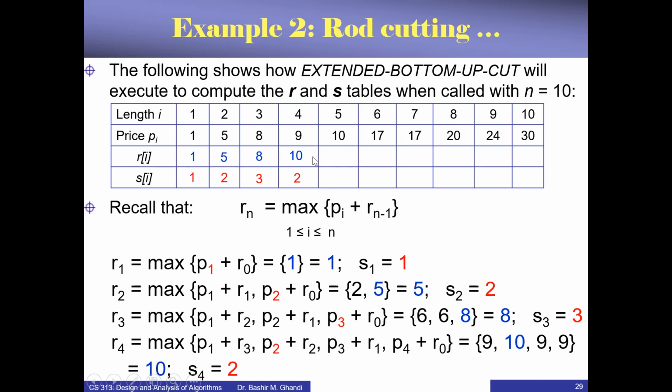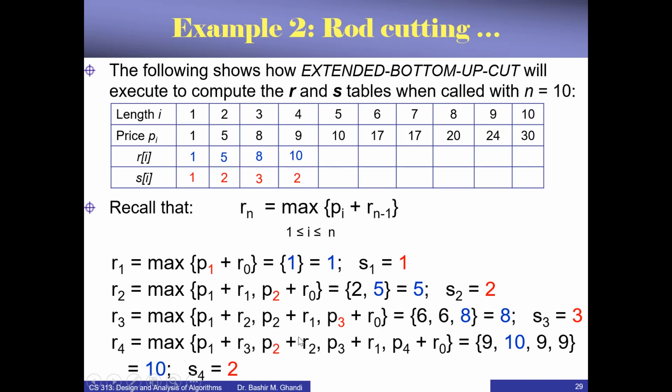And you just need to add both of them to get the next term. So for example, P1 and R3, then P2 and R2, and then finally P3 and R1. The last one is always P4, the next P, plus 0.